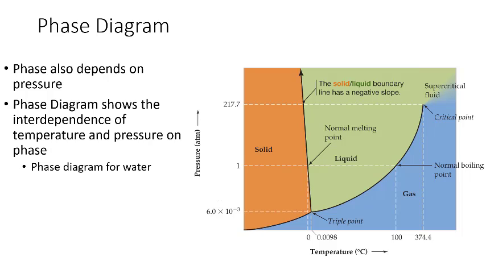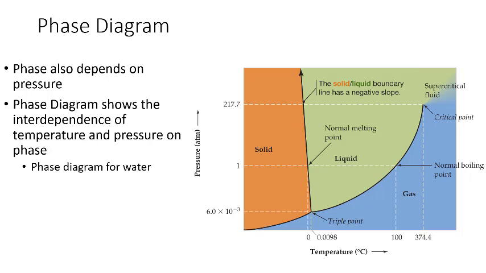And we can see that we have a few different lines here, indicated in black, that separate our solid phase, our liquid phase, and our gas phase. And so for any specific combination of temperature and pressure, we can look up and see where on this phase diagram we're actually located to indicate whether we actually have a solid or a liquid or a gas. And so each specific material has its own designated phase diagram. So this one, for example, is for water.